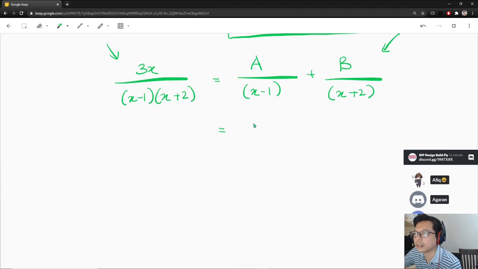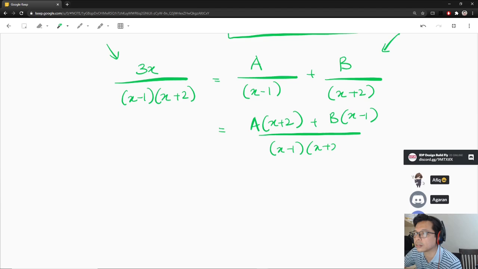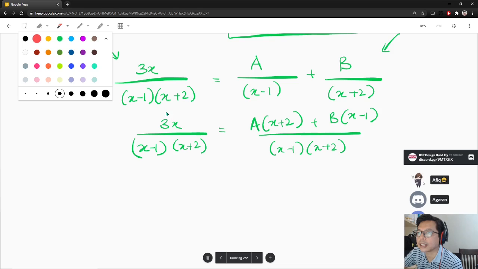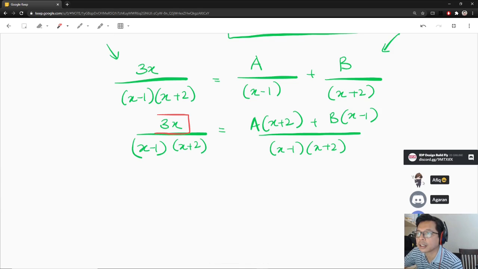Right now let's work on the right hand side. This is easy, you have done this. a(x plus 2) plus b(x minus 1) divided by (x minus 1)(x plus 2). Easy, right? So now if you notice, the thing up here is equivalent to this.